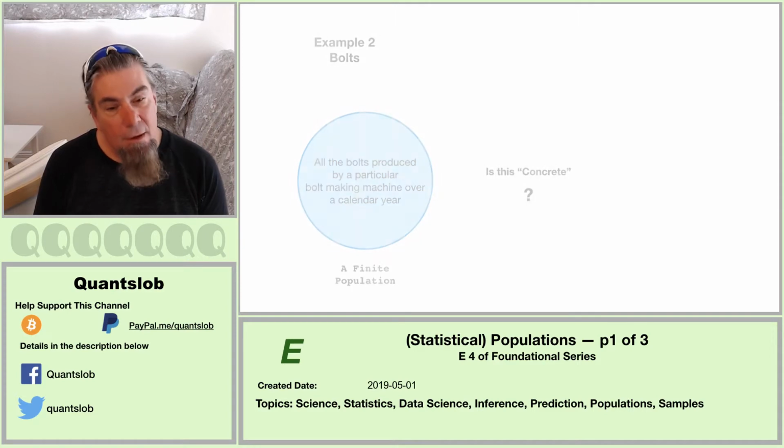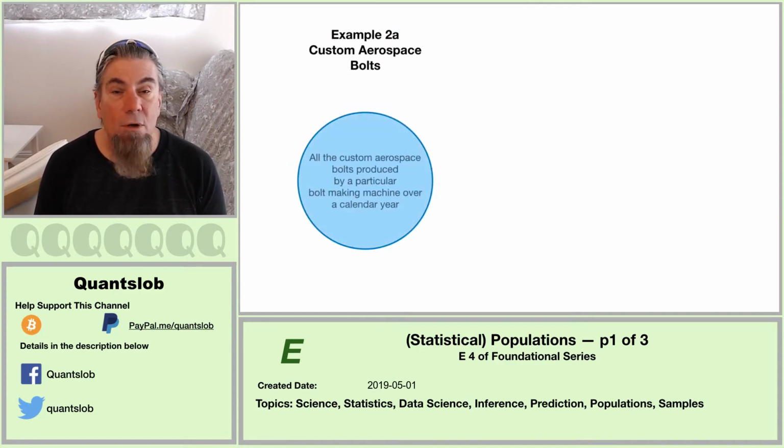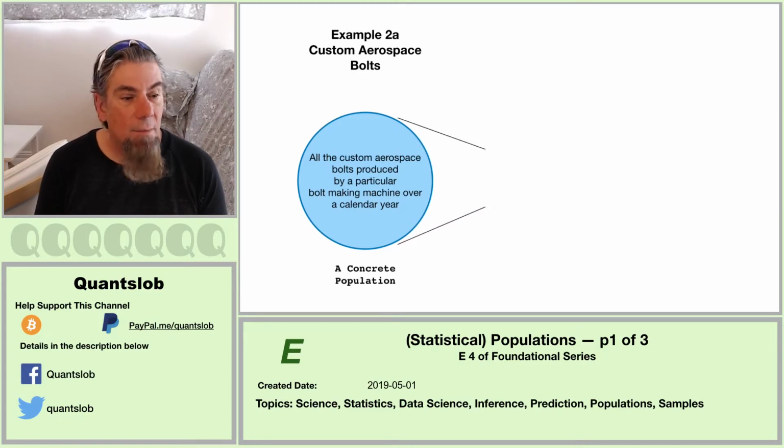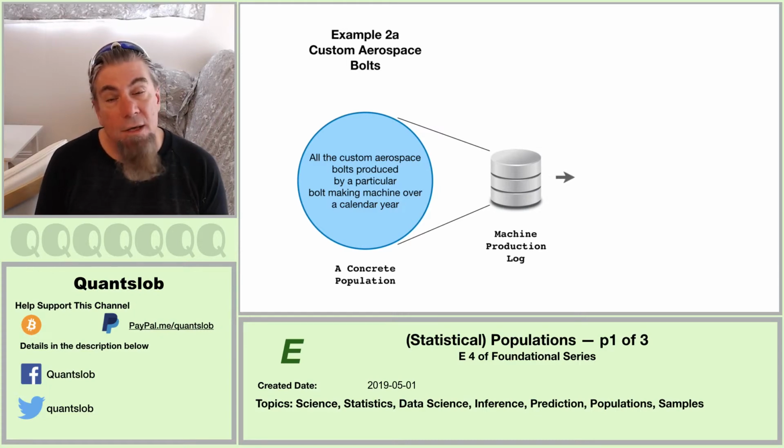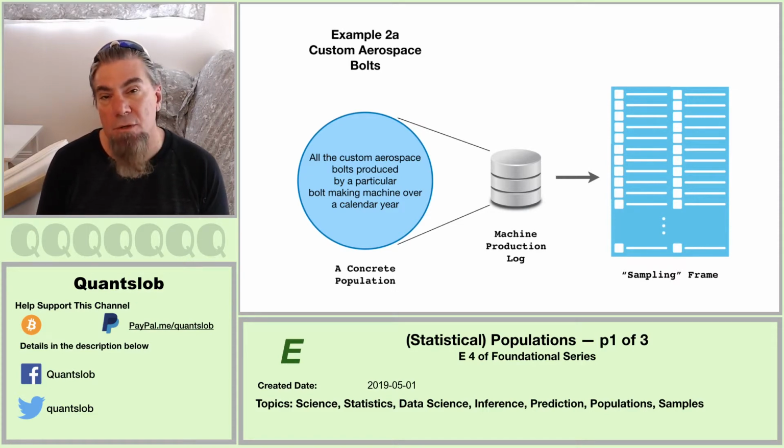On the other hand, if the bolts we're talking about are highly specialized, like critical aerospace hardware, the machine or process that created them may stamp a unique ID onto each of the bolts. And since in this particular case the elements would be itemizable, we can regard this population as concrete.